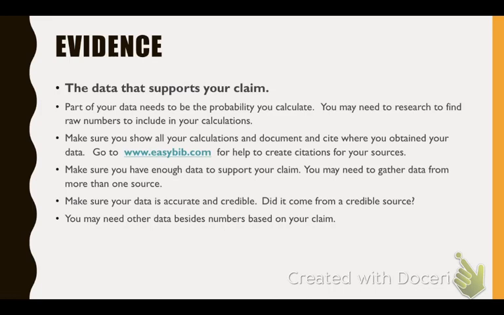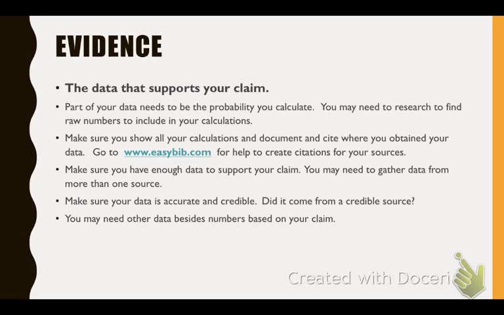And we have easybib.com to help you with your citations. Make sure that you have enough data to support your claim, and you may need to gather data from more than one source, depending on what your claim is.